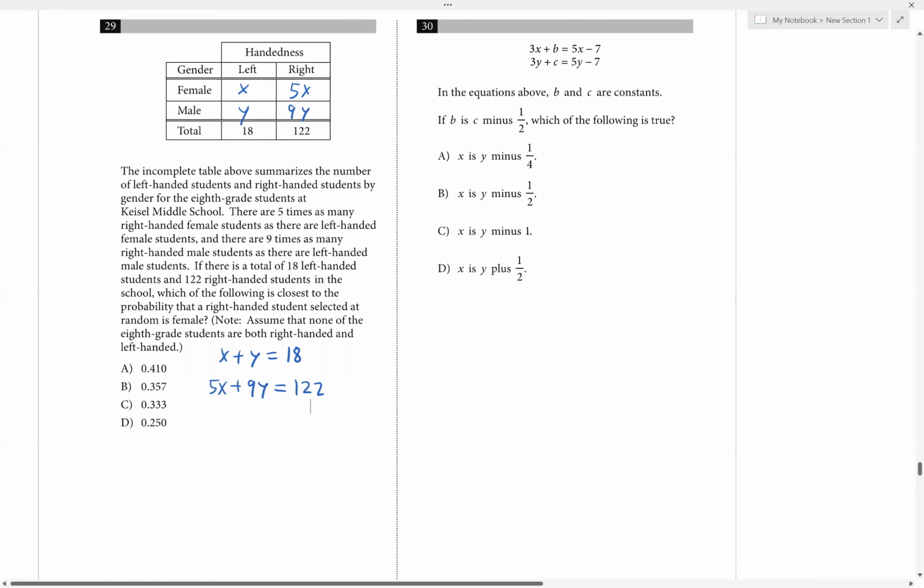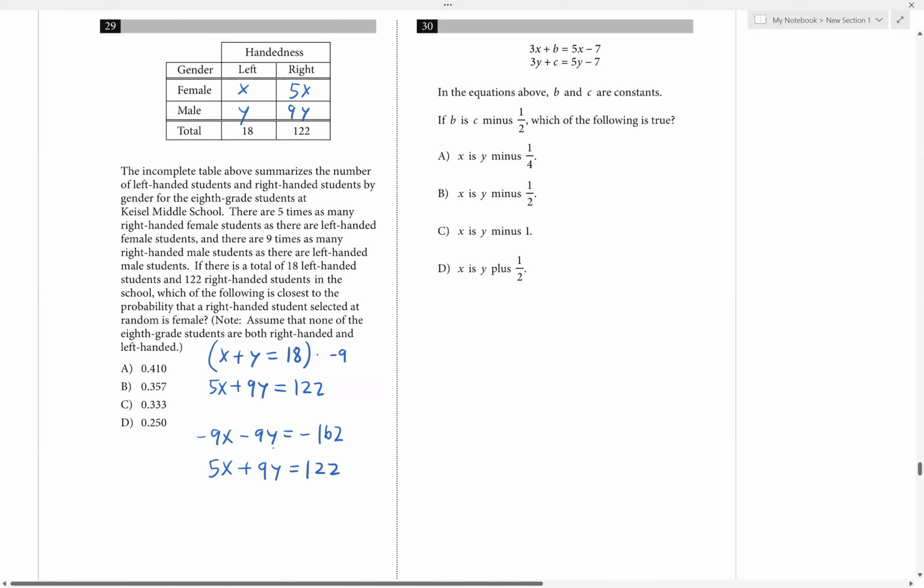If we want to cancel out the Y's, for example, we can multiply the first equation by -9. Then the first equation becomes -9X minus 9Y equals 18 times -9, which in the calculator is -162. The second equation we just bring right underneath.